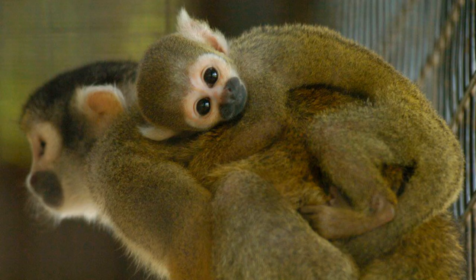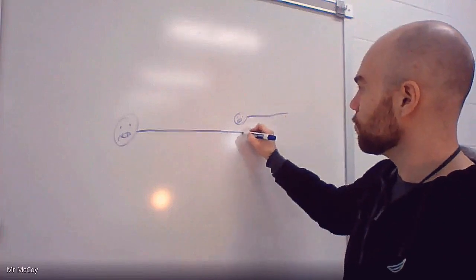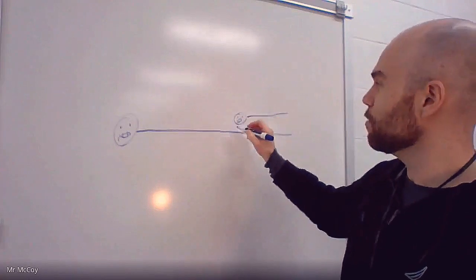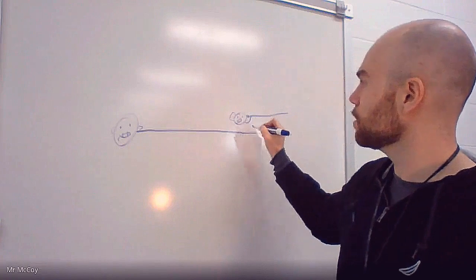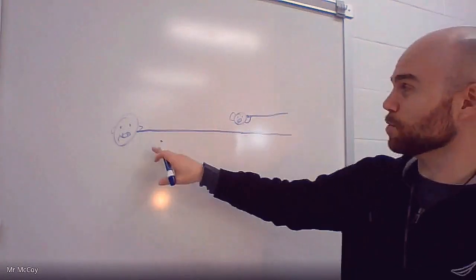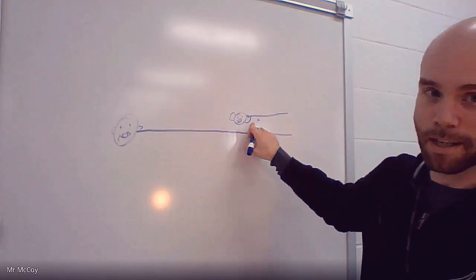Aww, a baby spider monkey. And then this baby goes on its life while the parent is still going on with its life, and it's a separate entity, and they're a little bit different. Like this spider monkey has little ears, and this one has big old ears, but you can distinctly tell which one is the original and which one is the new spider monkey.